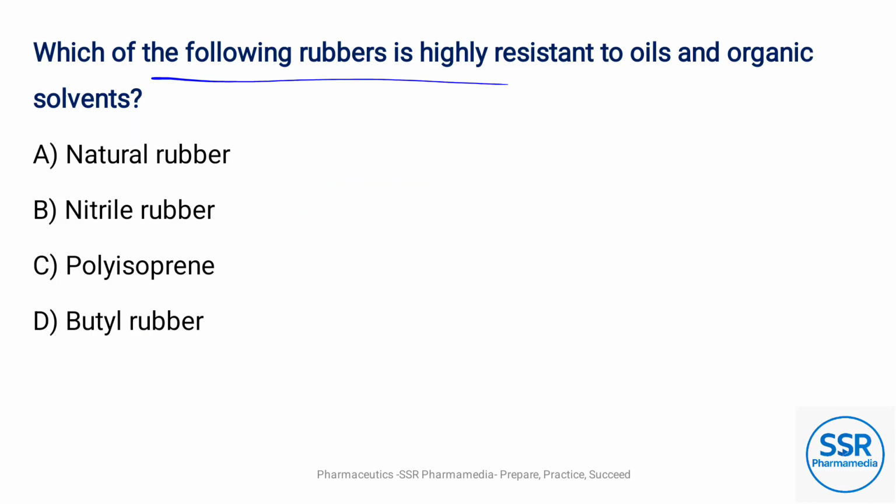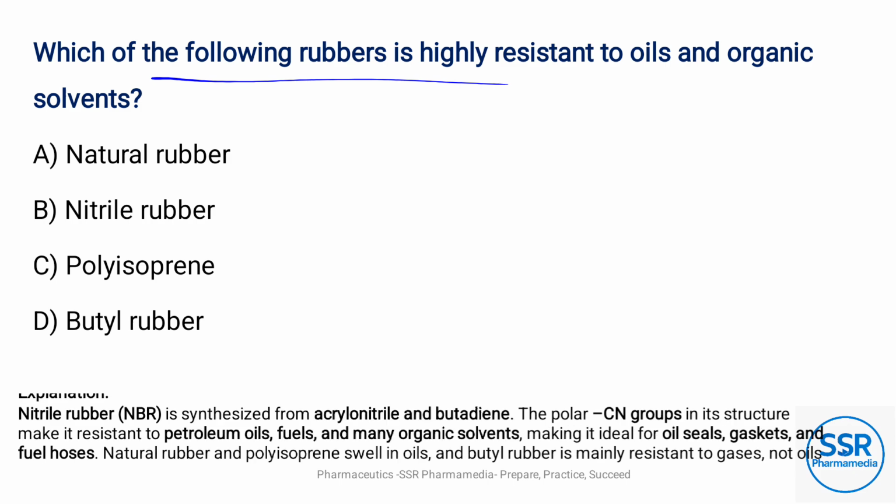Which of the following rubbers is highly resistant to oils and organic solvents? Option B, nitrile rubber. Nitrile rubber is synthesized from acrylonitrile and butadiene.